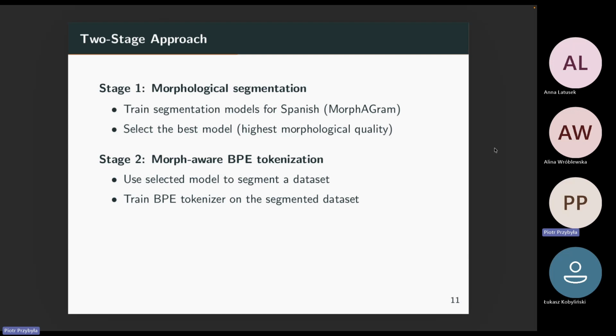So instead of that, what we did is we trained a segmentation model, and then we selected the best one, and then we take a big corpus, we segment it using our morphology-aware tokenizer, and then we take this data and give it to BPE as training data. If you look at how training in BPE happens, you can give it a special token saying always split on this special token, right?